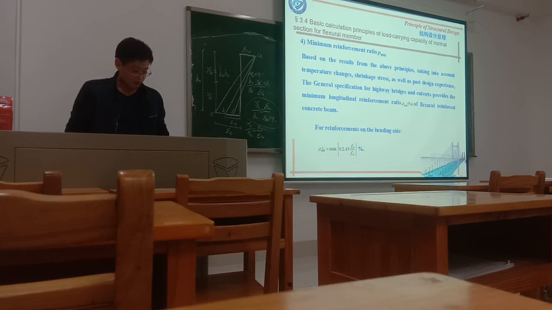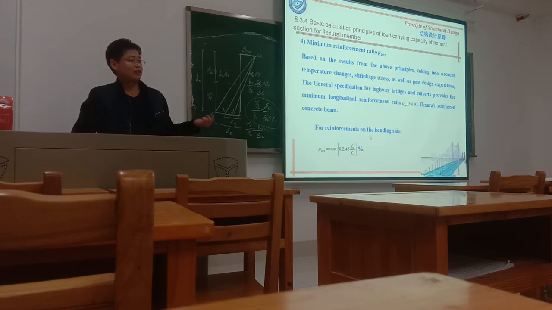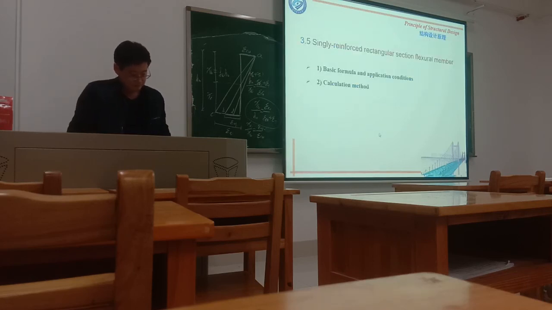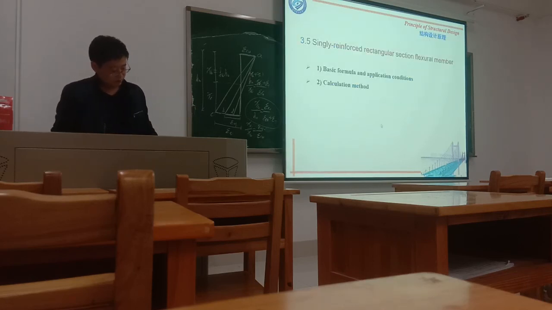Actually, this value comes from experience, they consider shrinkage and temperature. It's an empirical formula, not from theory. It's based on experiment and experience. So this is the fourth part of this chapter 3.